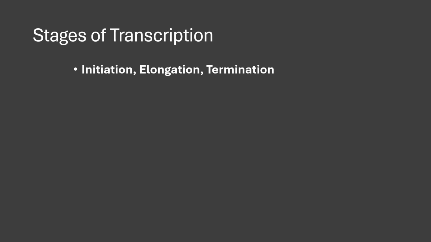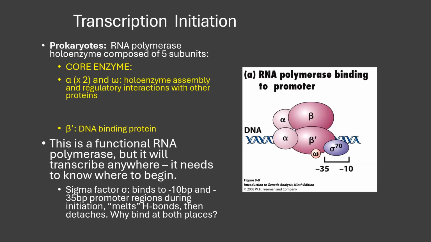All right, so we'll talk a little bit more about how you initiate transcription. We talked about the structure of a gene, now we'll talk about how you actually get going on it. In prokaryotes, RNA polymerase, and this is true in eukaryotes too, is composed of a number of separate, smaller protein subunits.